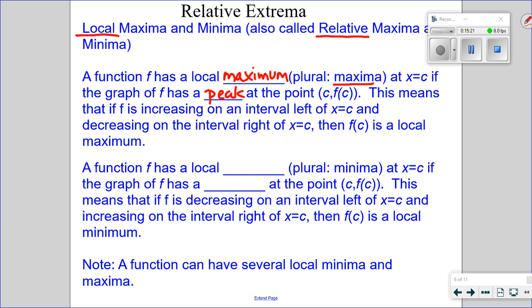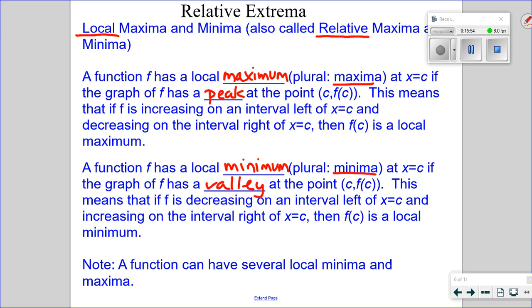All right, a function f has a local minimum, and again, the plural form of the word is just minima, at x equals c if the graph of f has a valley at the point (c, f(c)). So this means that if f is decreasing on an interval left of x equals c and then increasing on the interval right of x equals c, then f(c) is a local minimum.